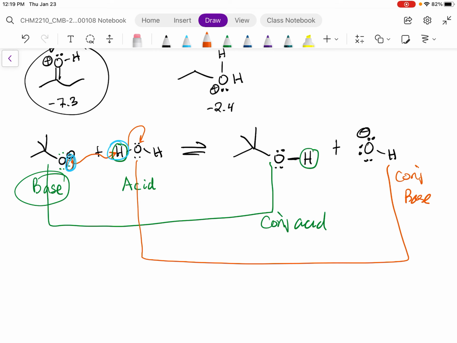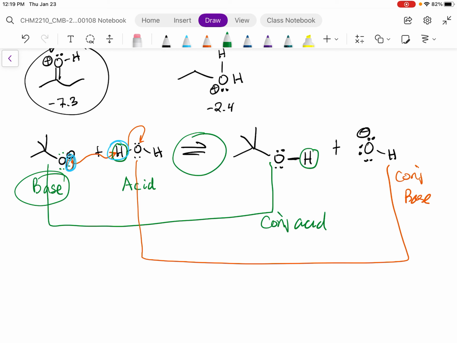Okay. Now we've figured out the equation. What do these arrows right there mean? Equilibrium. That means at equilibrium, the net flow of going to products and the net flow back to reactants is the same. It's equal.